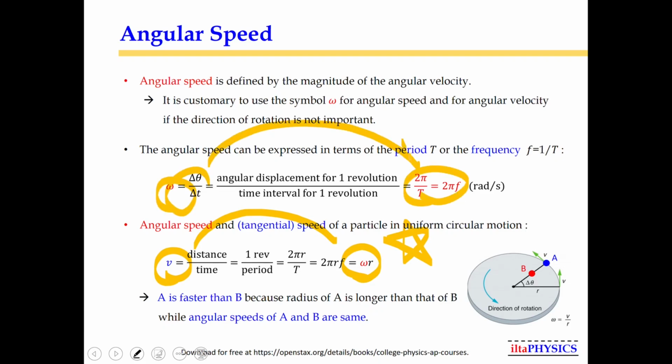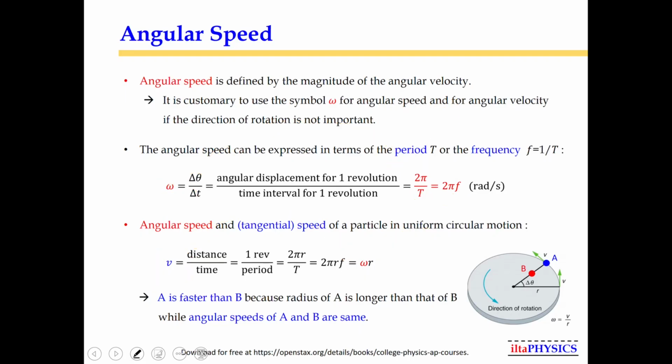Alright, with that in mind, let's take another look at the rotating disk we were talking about earlier. As shown in the diagram on the right, let's consider the angular speed and tangential speed of 2 points, A and B, on a rotating disk. Since the 2 points are on the same straight line from the rotation axis, meaning they are in the same relative position as the helicopter propeller, the angular speed of the 2 points is identical.